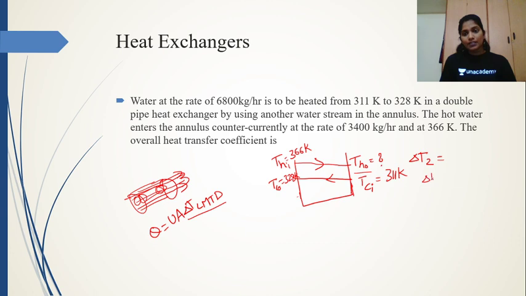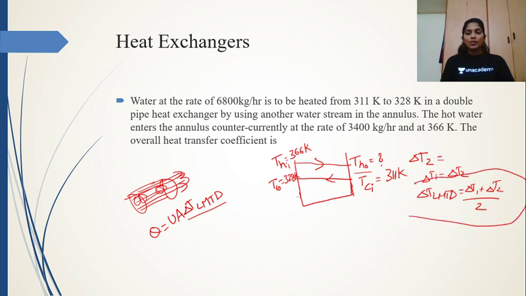If delta T1 is equal to delta T2, then delta T LMTD will be the average of these two temperatures, that is delta T1 plus delta T2 by 2. If we have a difference between delta T1 and delta T2, the temperature approaches, then only we can take the logarithmic mean temperature difference, right?